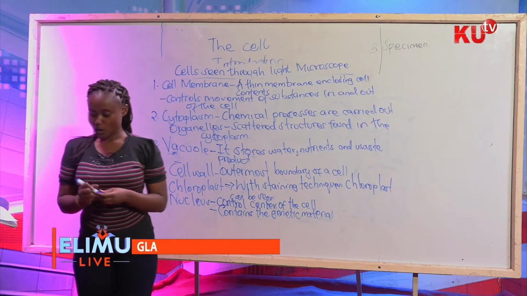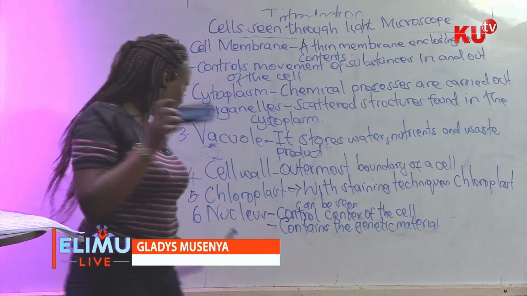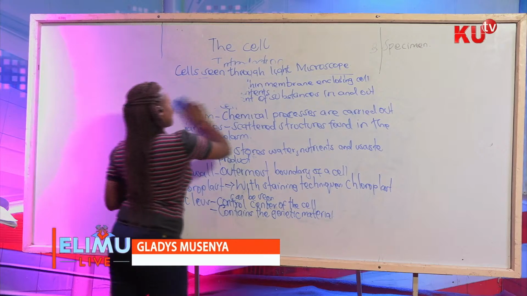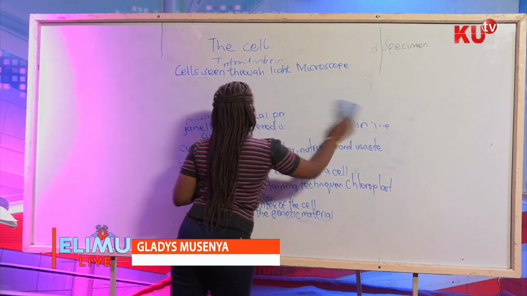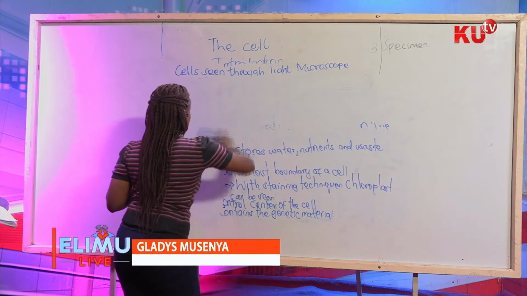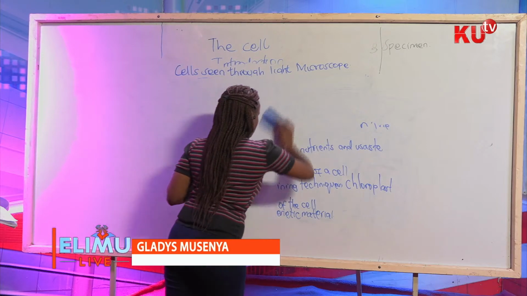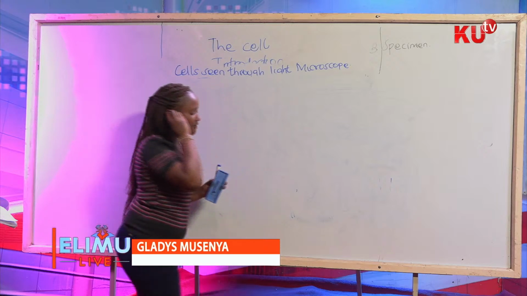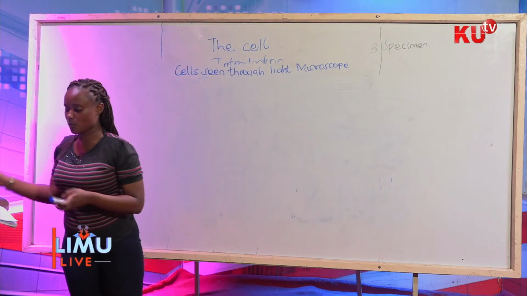And then we go to our seventh one among the cells seen under the light microscope, that is the tonoplast.